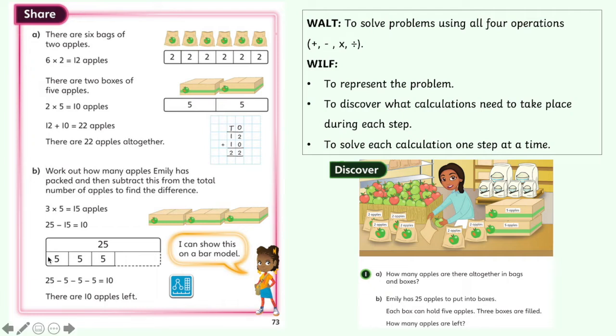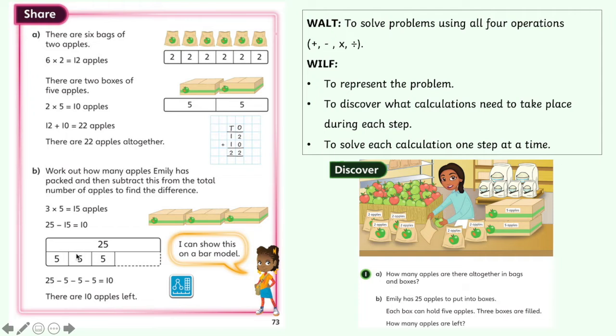So we know that altogether she's got 25 apples that she needs to put in boxes. And each box, there they are, can have 5, and she's filled 3 of them. So you can see in the representation we've got 25 as our total. She's filled 3 boxes with 5, and then the rest of the boxes she's got to fill to get to 25 is represented here. So we can work this out step by step.